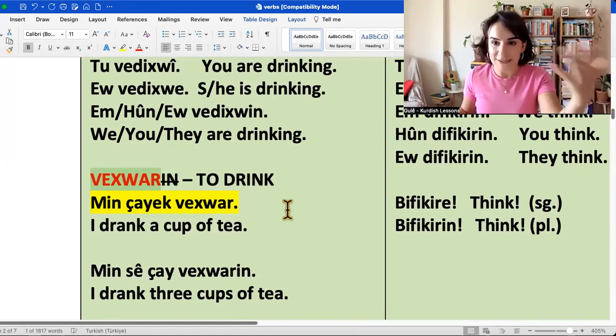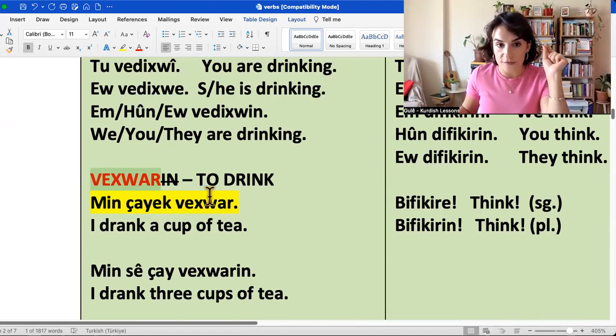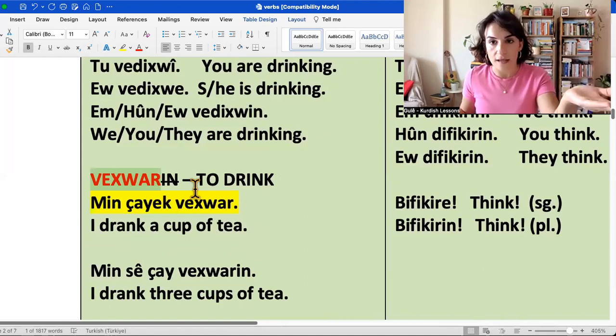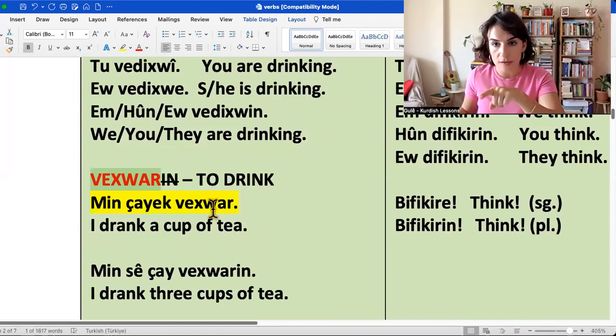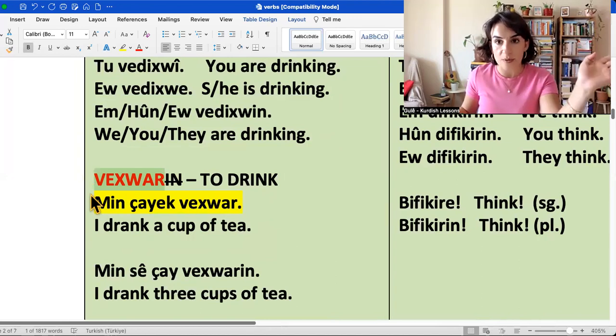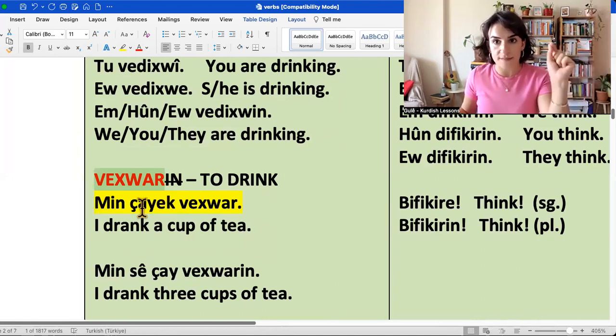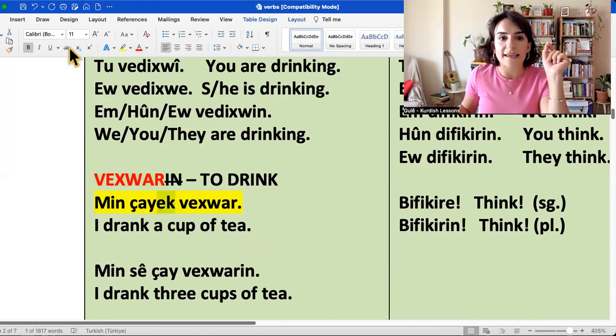You have to learn this rule: in past tense, you conjugate your verb according to your object. This is what's called ergativity. You conjugate your verb for the object, not for the subject. So the subject is not important in the past; the object is important. Here we saw that it is chayek, a cup of tea.